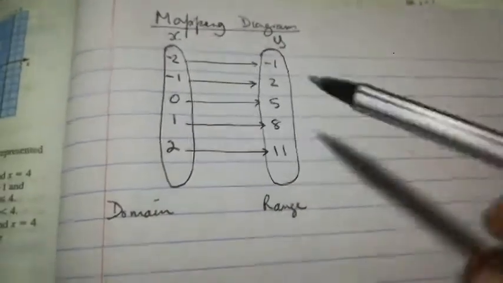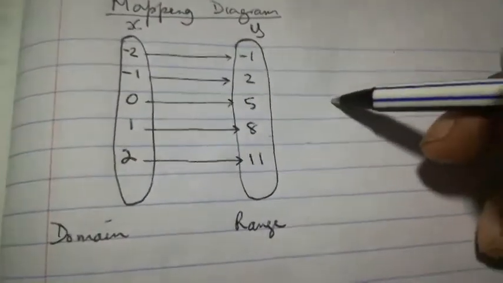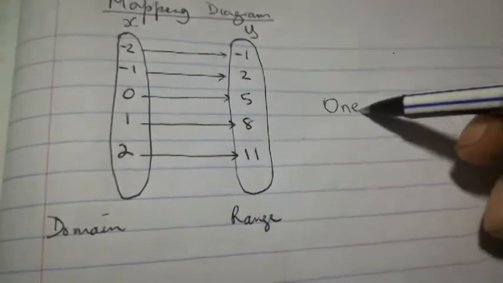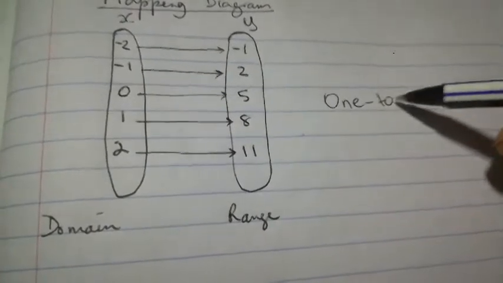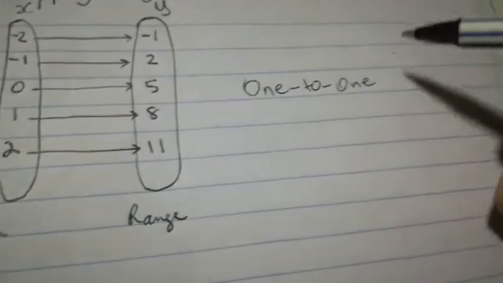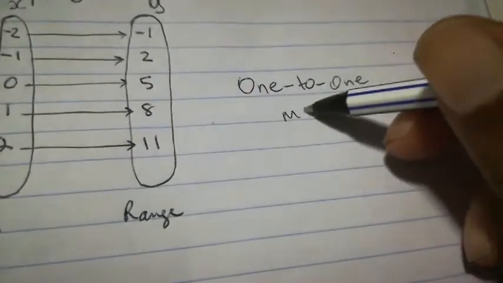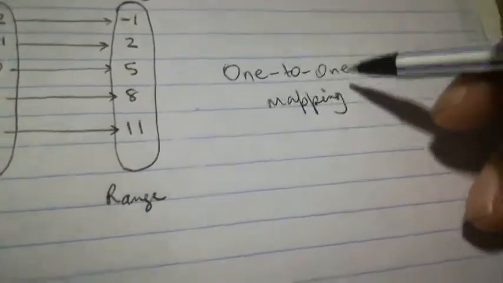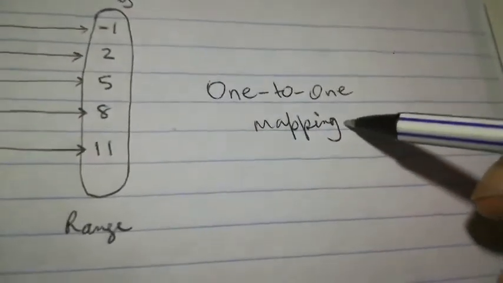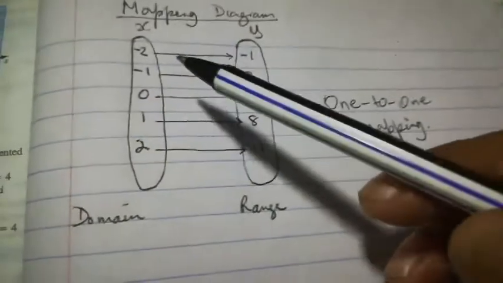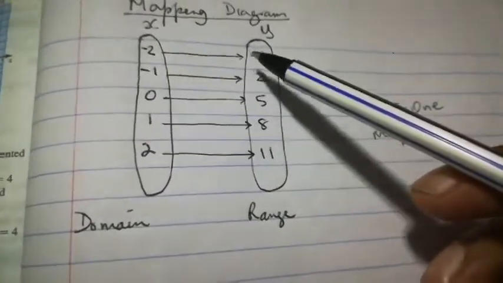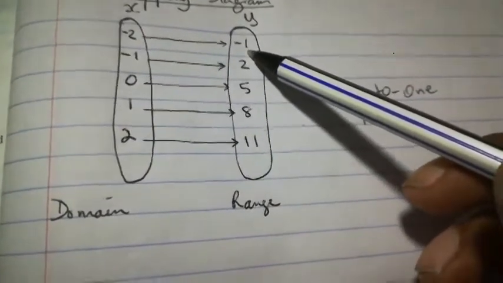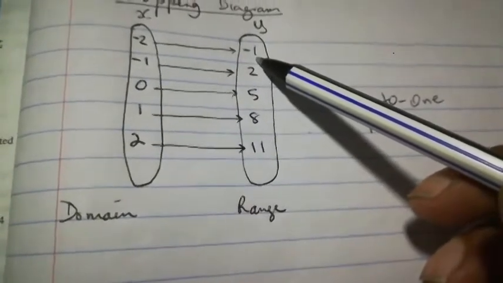Now, this is known as a 1-to-1 mapping, because every element of x is attached to one value of the element in the range.